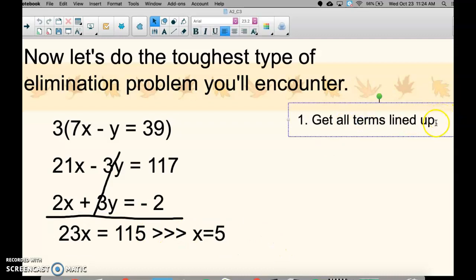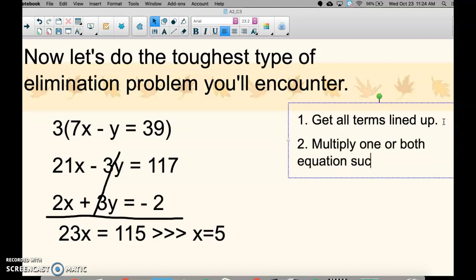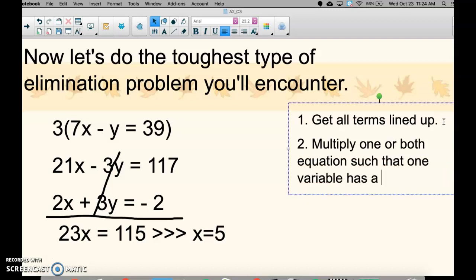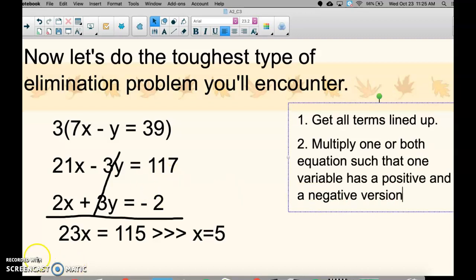From here, I guess I'll put my next step in. This would be multiply one or both equations such that one variable has a positive and a negative version. Once one has a positive version and one has a negative version, that's where the elimination comes in, which is what you see here.